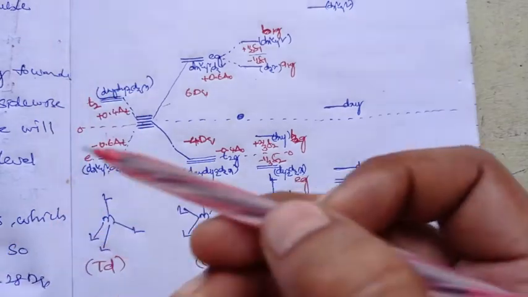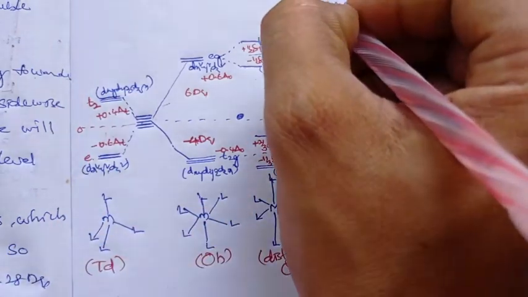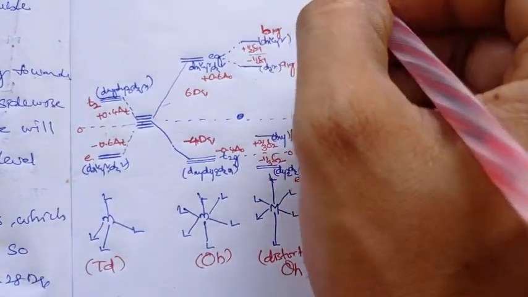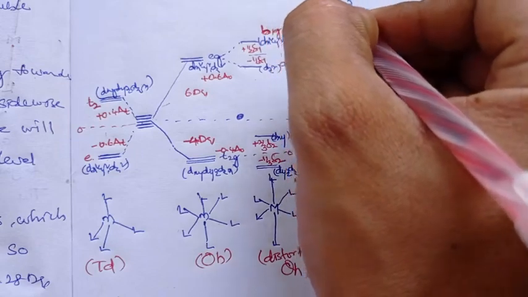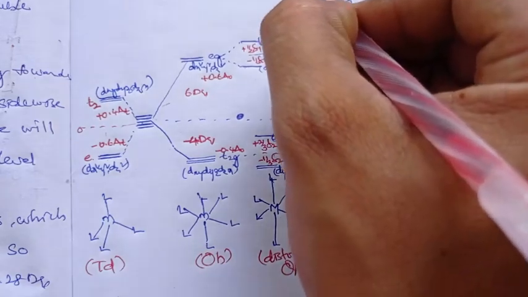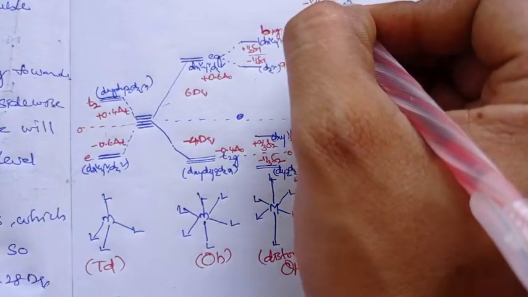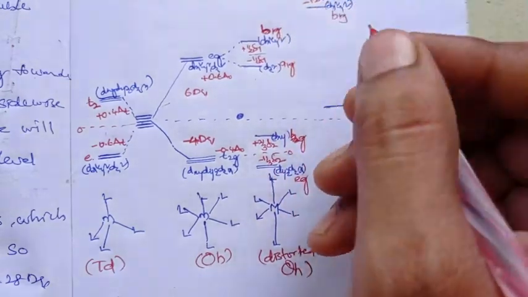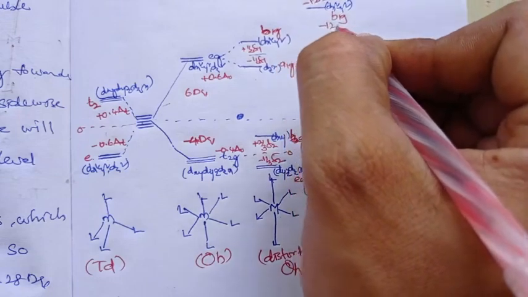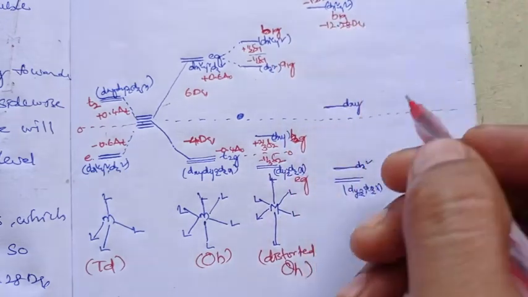The highest state is represented with B1g and has an energy of 12.28 Dq.